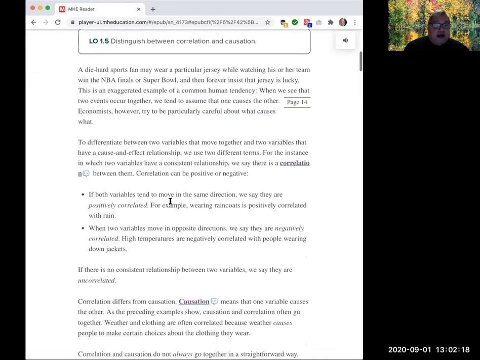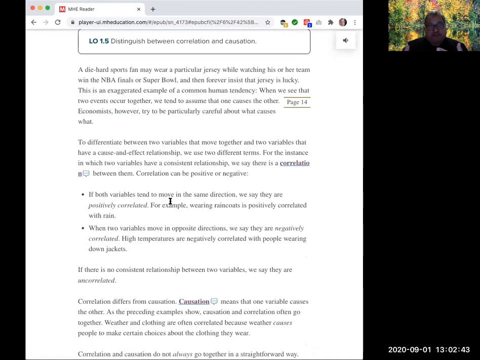So items that are positively correlated means that when one factor is observed above its average value, the other factor tends to also be observed above its average value, and vice versa. When one is observed to be below its average value, so is the other one.